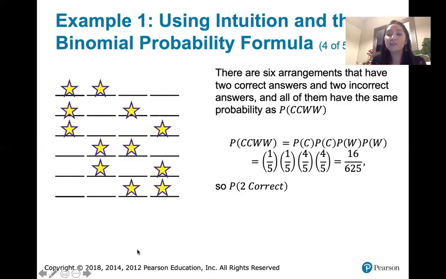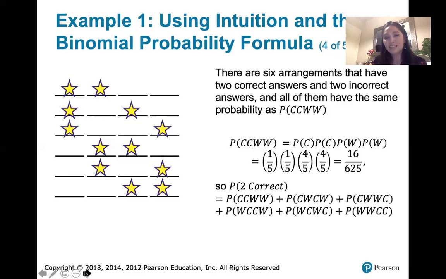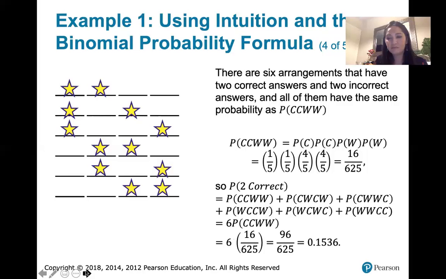So now if I want the probability that 2 out of 4 are correct, I need to add the probability that this happens to the probability that this happens to the probability that this happens, and so on for all 6 of those arrangements. Since they all have the same probability, I can just take this probability right here and multiply it by 6. And I get 96 out of 625, which is 0.1536.